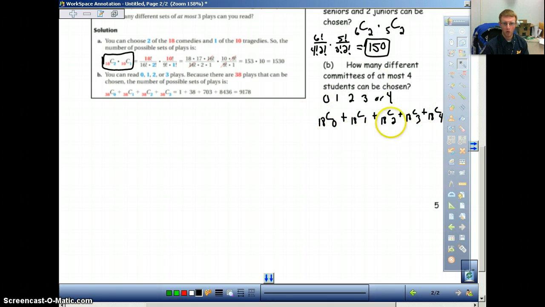You figure out all of those separately and then add them up, and you should get 1 plus 18 plus 153 plus 816 plus 3060, for a grand total of 4,048.